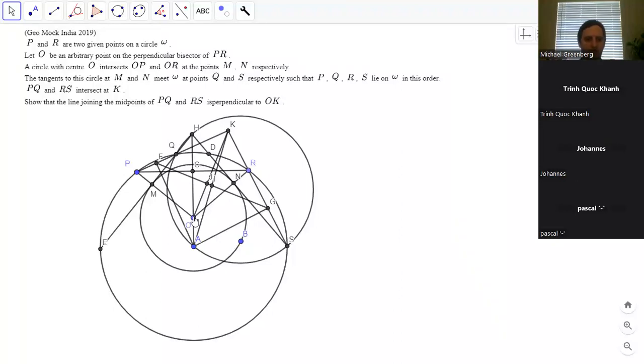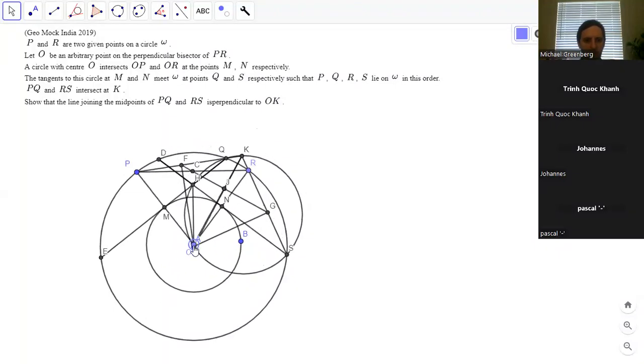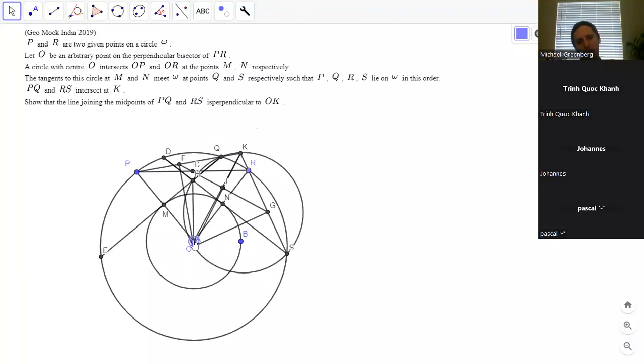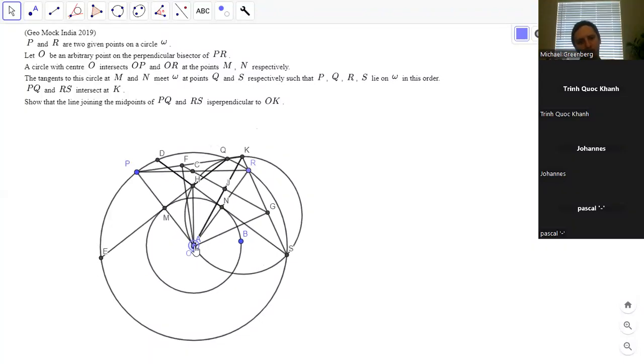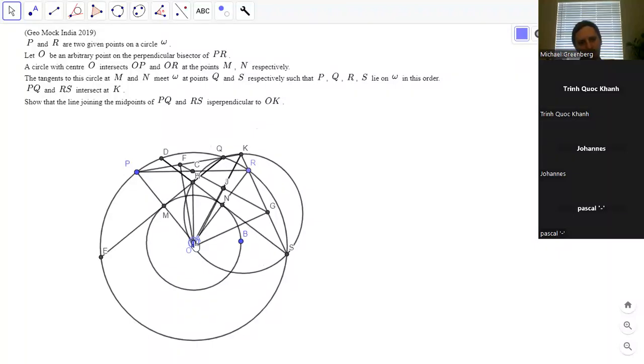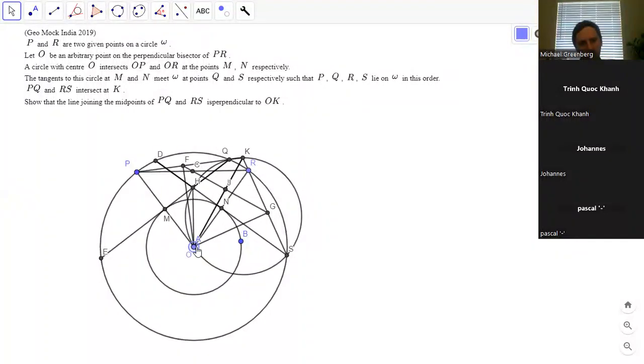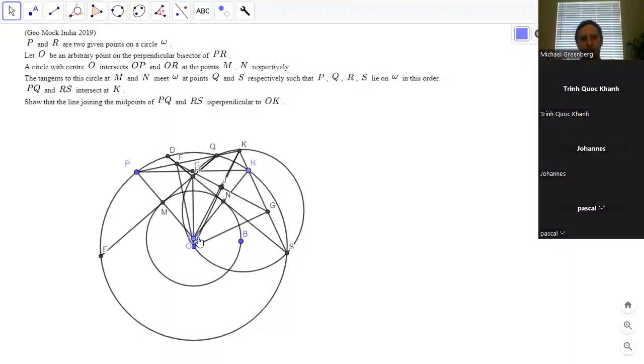Okay, let me go back to trying to prove it when O equals A. In that situation, we'd have AF and AG are both perpendicular to PQ and RS. So then it would be kind of trivial. Yeah, it's trivial when O equals A for that reason.